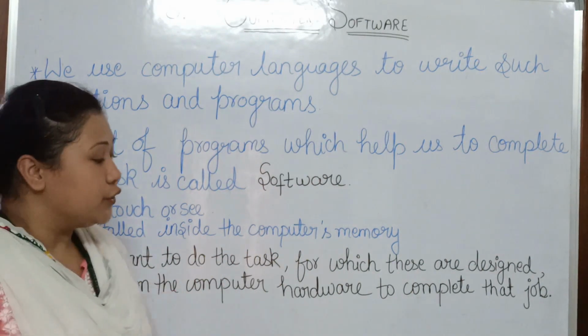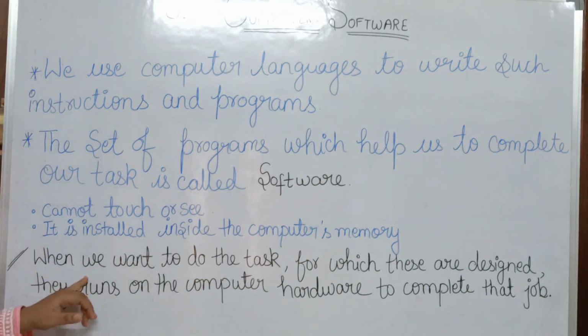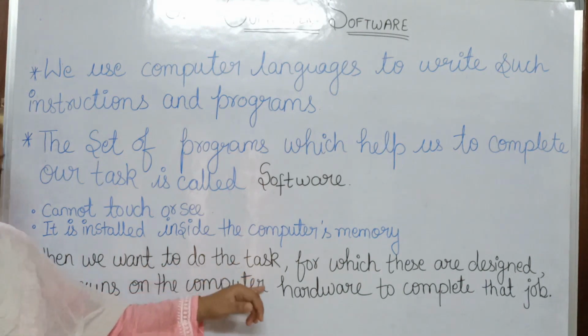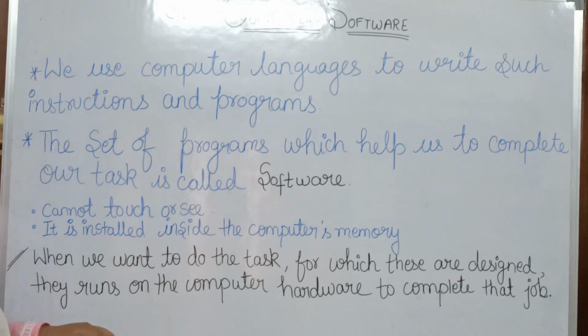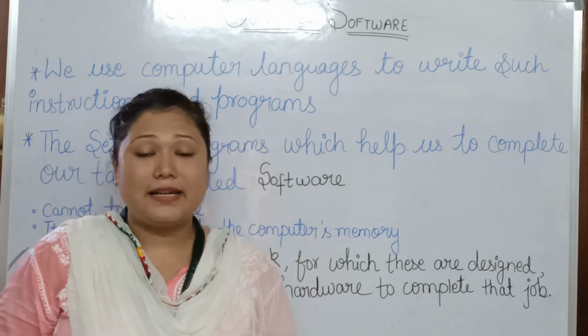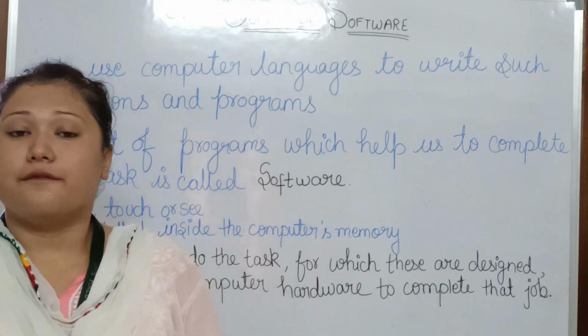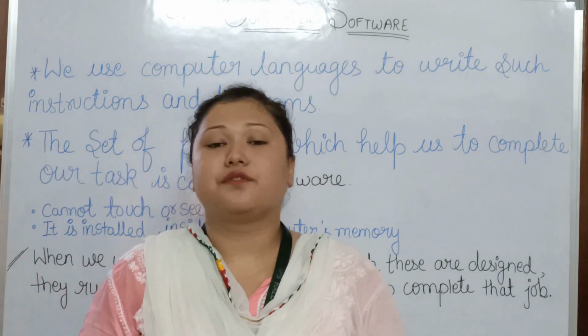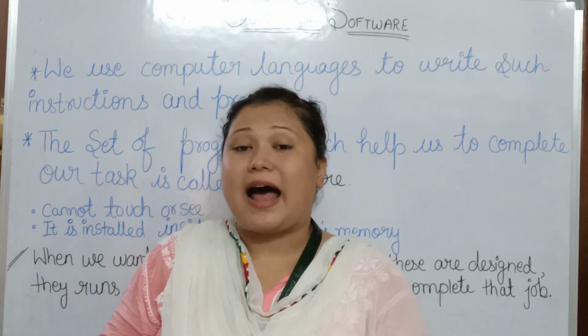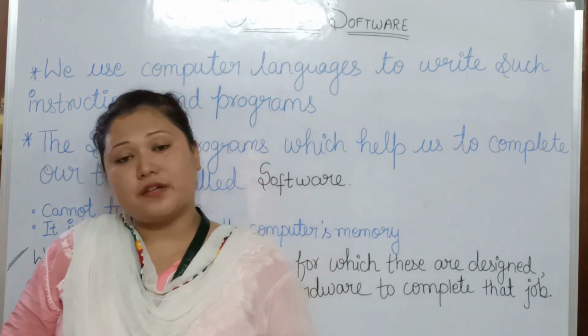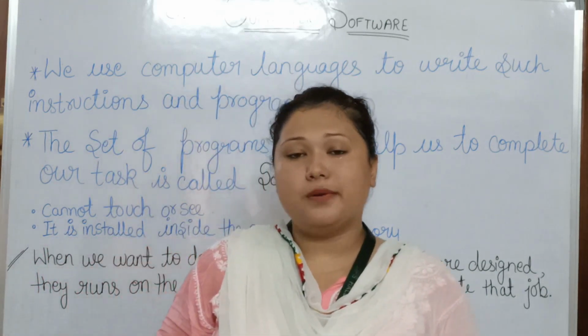Now, a tip. When we want to do any task for which these are designed, they run on the computer hardware to complete the job. Whenever we give an instruction, the computer first identifies what kind of instruction or problem we have given.